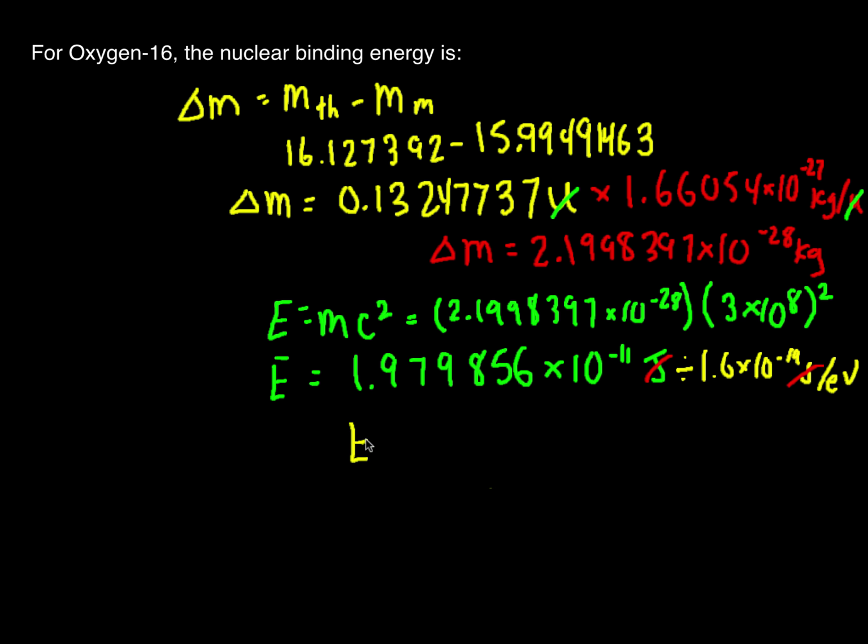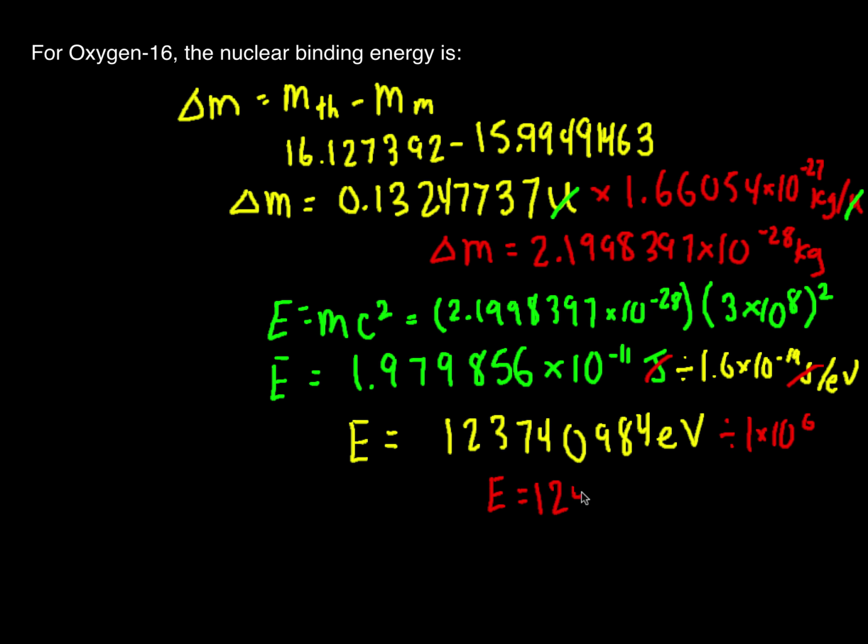This gives us an energy equal to 123740984 electron volts. This number is a little bit awkward too because it's quite large. To fix this, we convert into mega electron volts. Mega is 10 to the 6. To do this, we divide by 1 times 10 to the 6. This gives us energy equal to 124 mega electron volts.